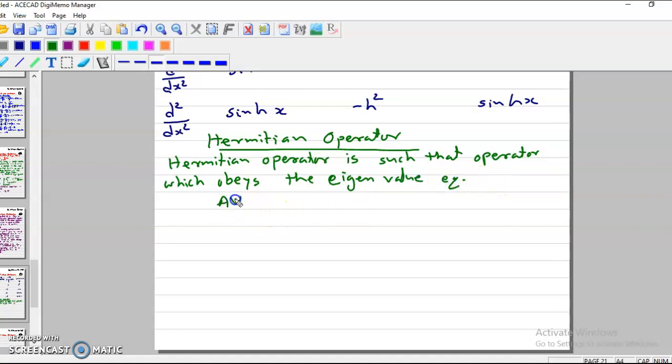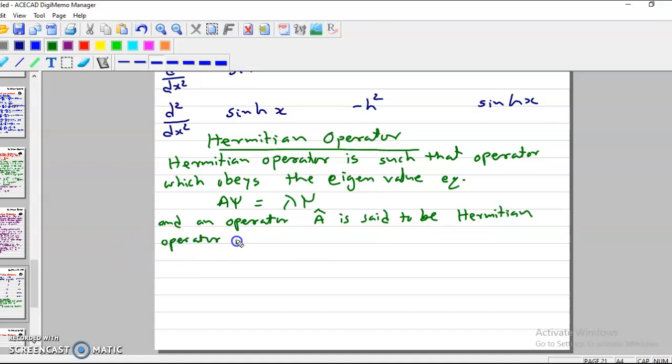For example, A psi is equal to lambda psi, and operator A is said to be Hermitian operator if it satisfies the following conditions.